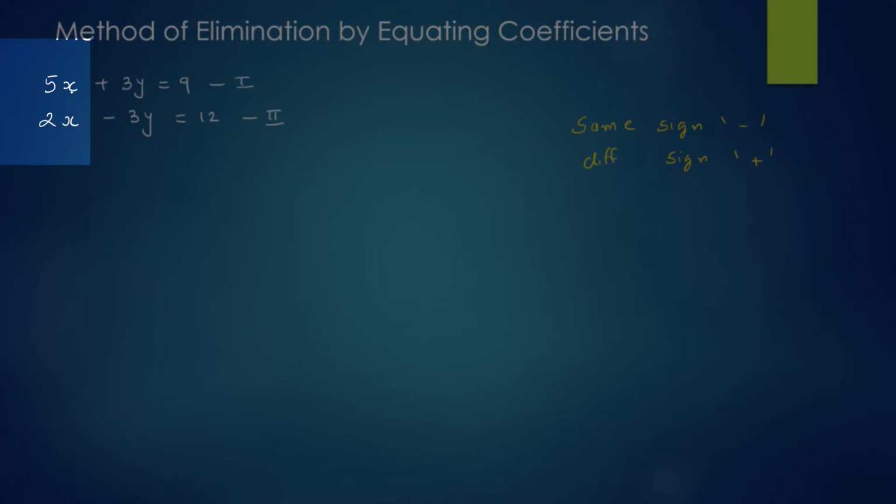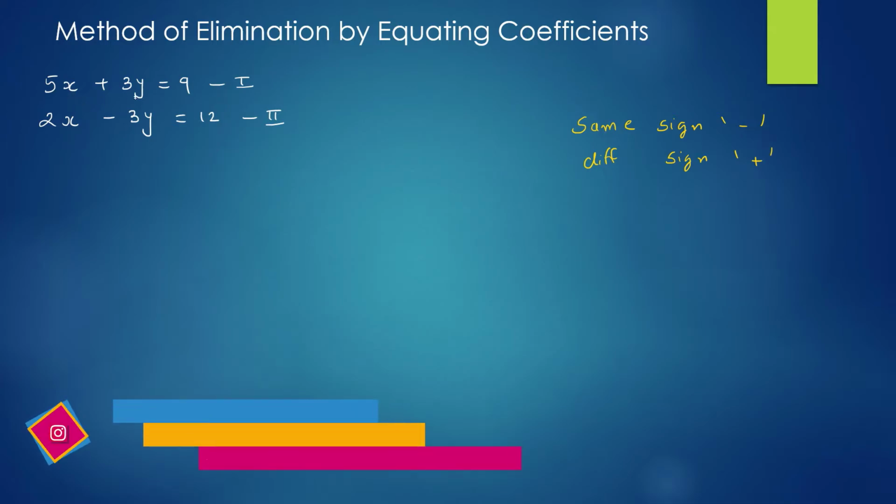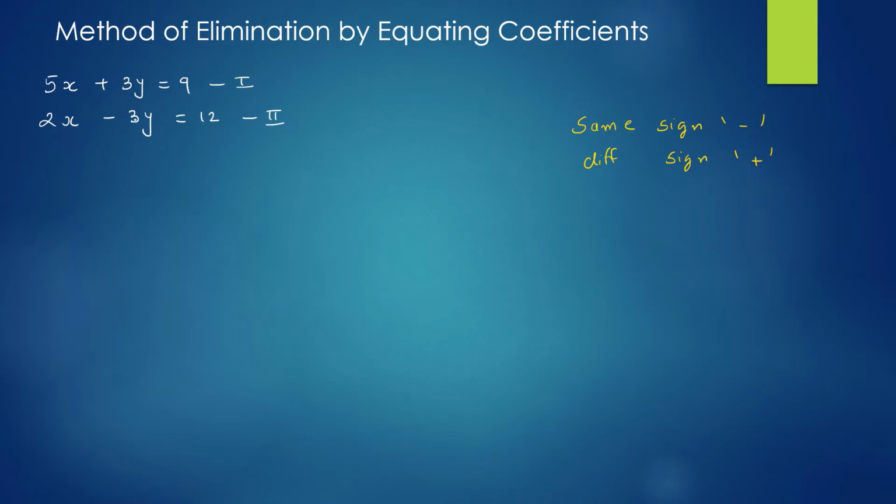Now, if you see, variable x has coefficients 5 and 2, and variable y has coefficients 3 and minus 3. As the name suggests, equating coefficient, you have to equate any one coefficient, either x or y. In this question, the coefficient of y is already equal.